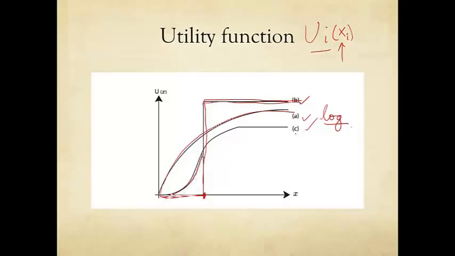It has a convex part, and then it becomes concave to the point of bending completely flat, meaning that if you give me more x, it doesn't increase my utility anymore. So it goes through a convex part, then a concave part, part of which is completely flat. So not only can the arguments of the utility function be of various kinds, the shape can also be quite different.